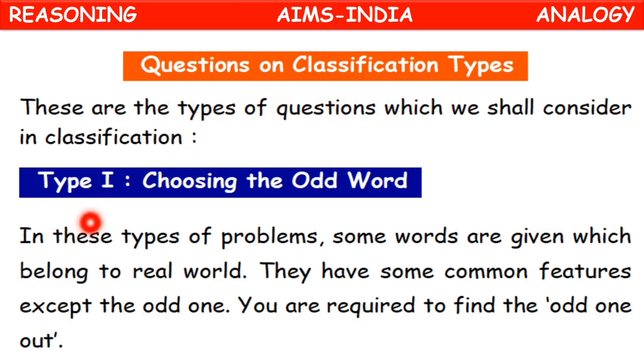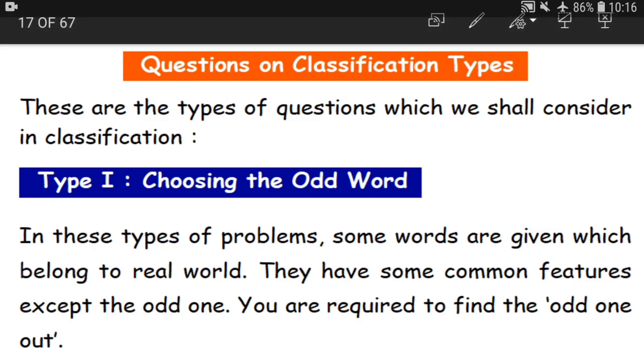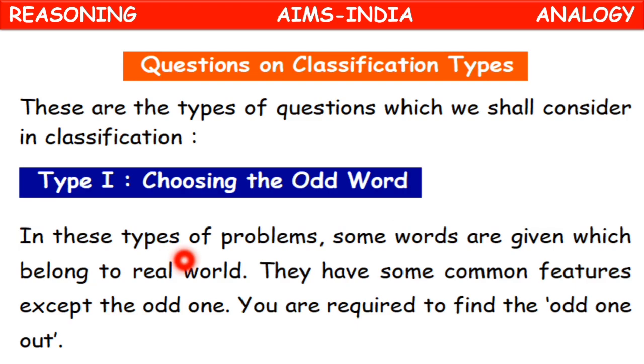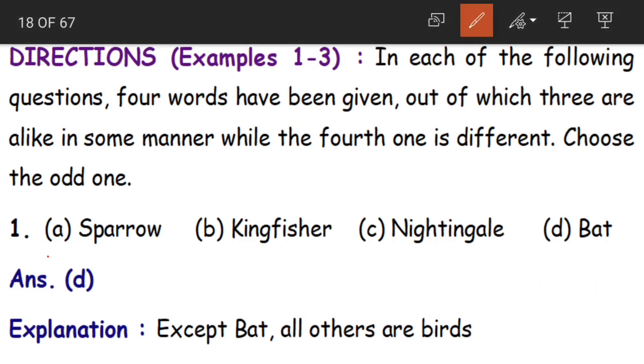Questions on classification type. First one is choosing the odd word. In these types of problems, some words are given which belong to real word. They have some common features except the odd one. You are required to find the odd one out. What are they saying in these type of questions? Will be given 4 words.